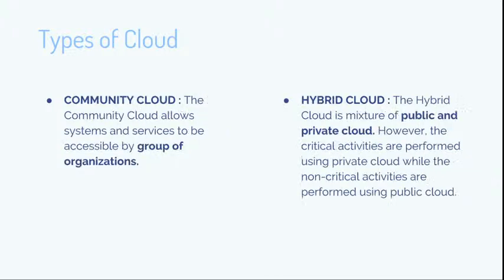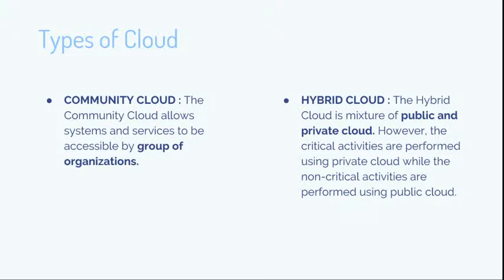And then community cloud and hybrid cloud. Community cloud is a group of organizations. For example, for COVID-19 they are building a chatbot, the combination of IBM and Google only. So a combination of some different organizations is community cloud. And then hybrid cloud is nothing but public and private.